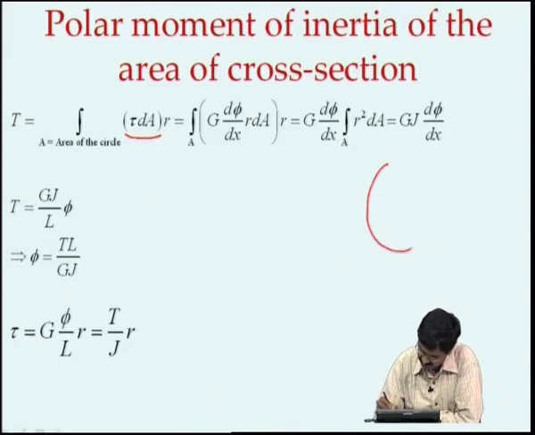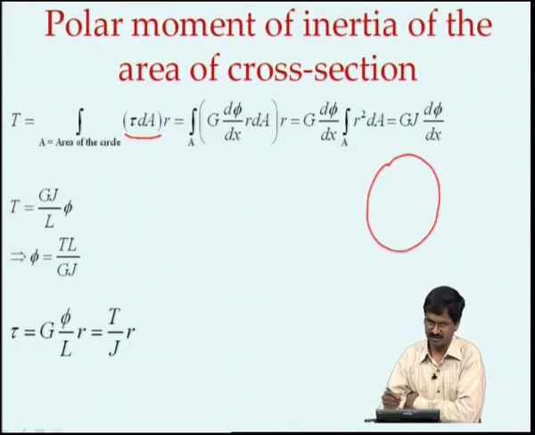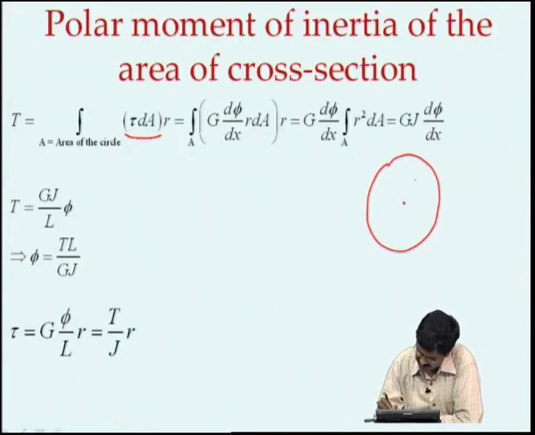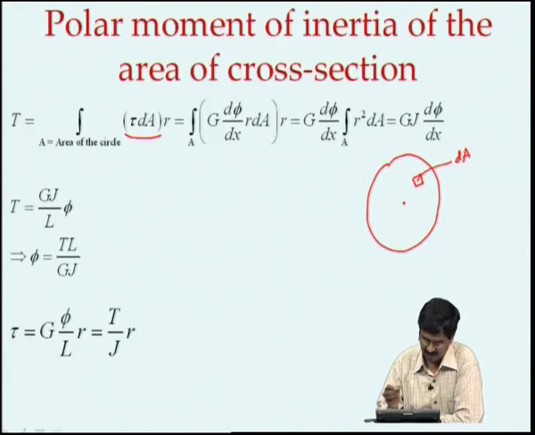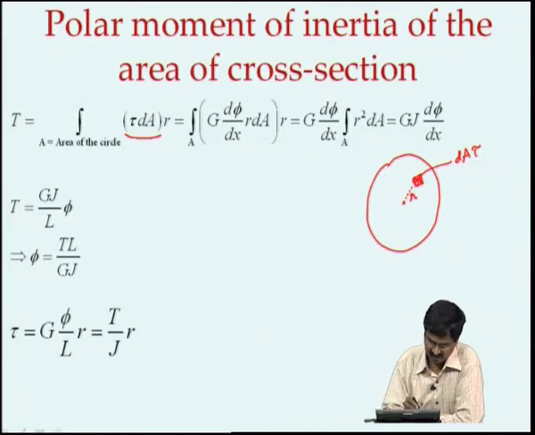If I have a cross section area like that, this is the center, I take a small piece here that has an area, let us say dA, we multiply that with the shear stress, stress is the force per unit area, that will be the force which is acting parallel to that surface, and then I multiply that force with the radius where it is located and then integrate over the entire area of this circle.